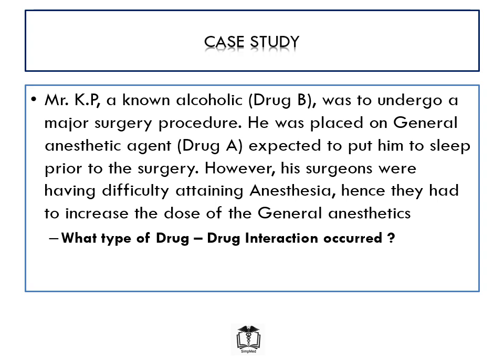There was therapeutic failure, evident by the fact that there was difficulty in attaining anesthesia. So from this, we can infer that drug B, which is chronic alcohol consumption, had led to an enzyme induction of drug A, which led to increased metabolism of drug A, and as a result, therapeutic failure of drug A.